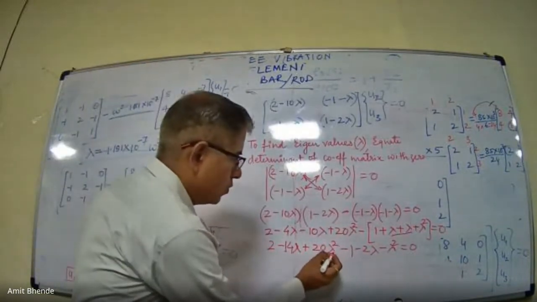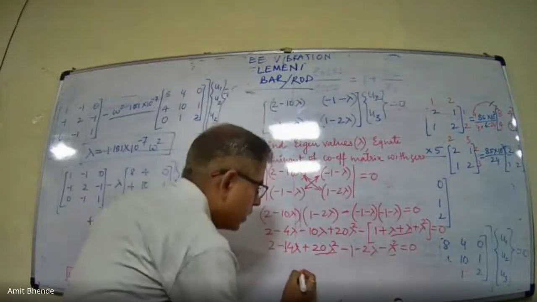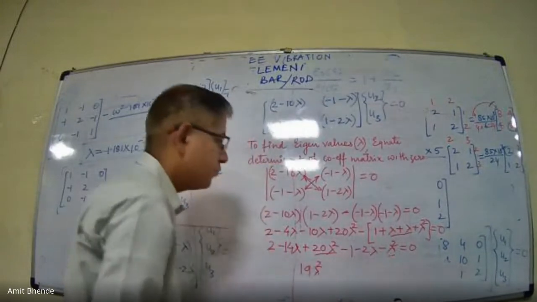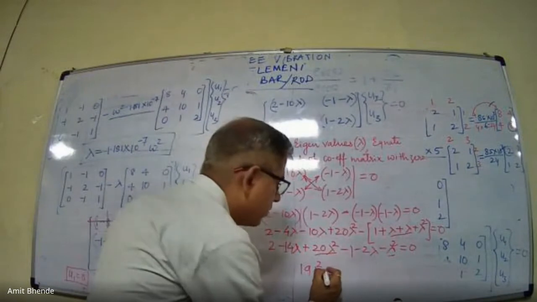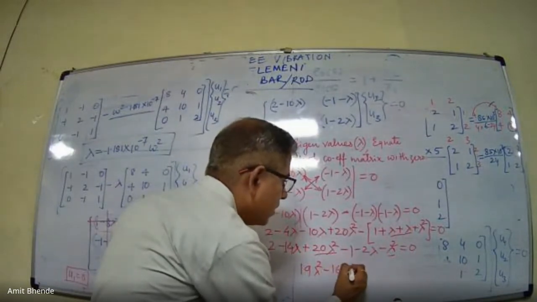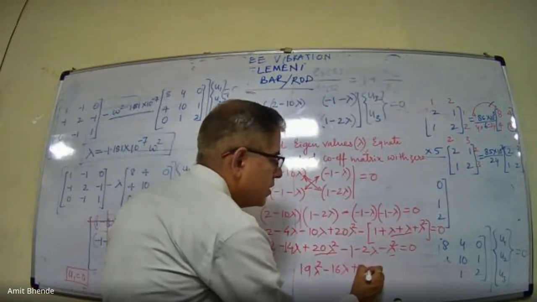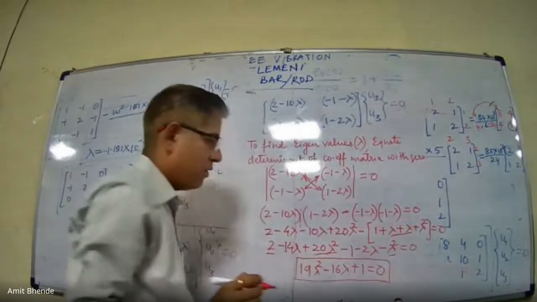Now 20 lambda square minus lambda square is 19 lambda square, and minus 14 lambda minus 2 lambda becomes minus 16 lambda, and 2 minus 1 becomes plus 1, is equal to 0. So this is the equation that we obtained.